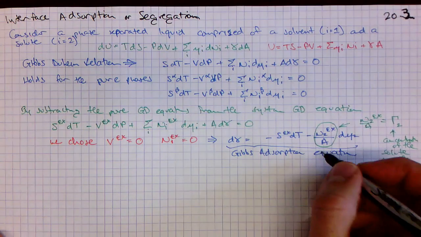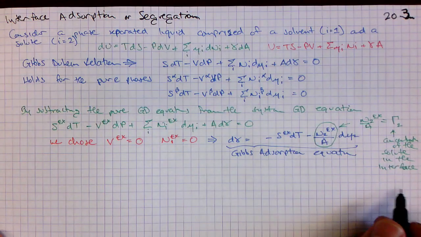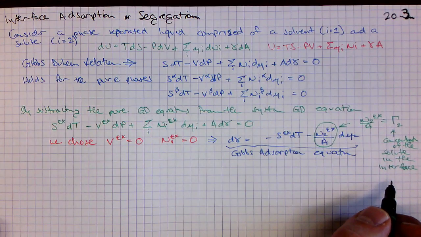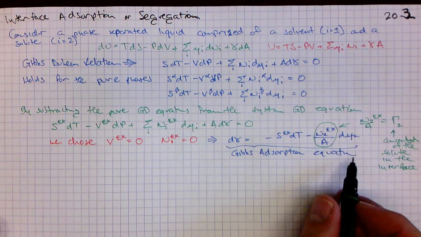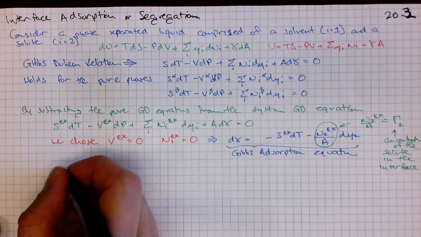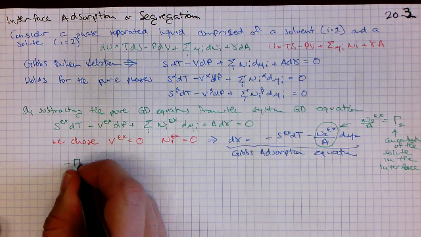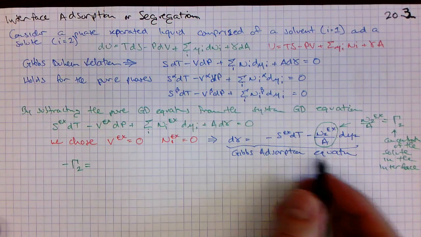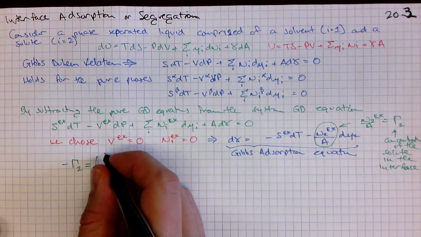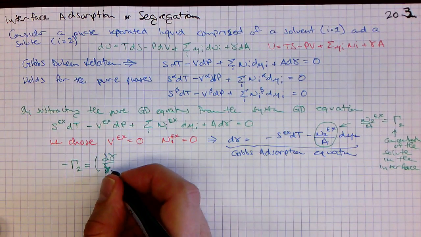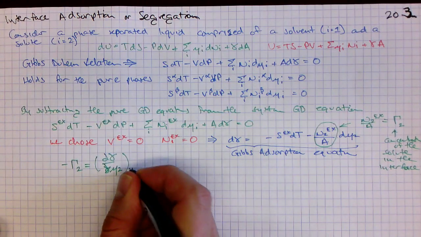Right? It gives the number per unit area of species 2 in the interface region. And so by this equation, we can see that gamma_2, or minus gamma_2, is equal, by definition, to the derivative of gamma, the partial of gamma, with respect to mu_2 at constant temperature.